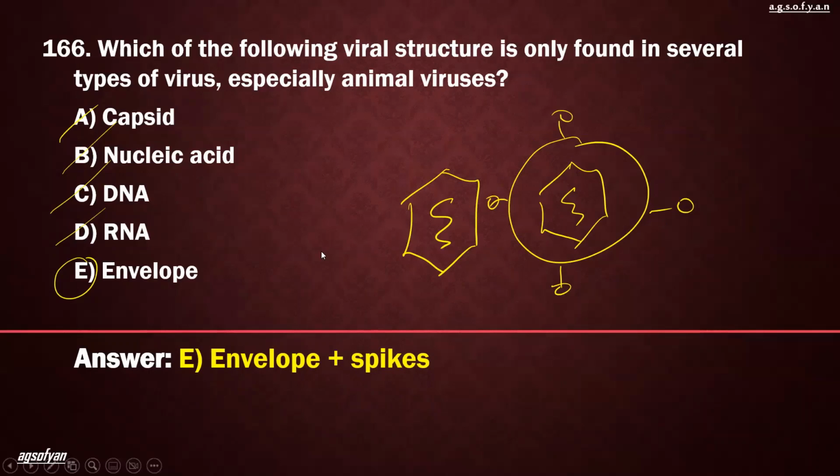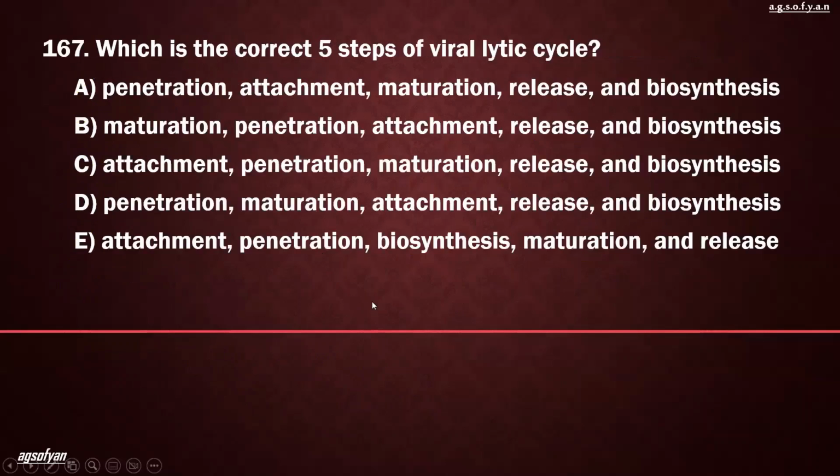Okay, next. Which is the correct 5-step of the viral lytic cycle? We had this in your quiz last time. What is the first step? That would be attachment. So you cross out this one, this one, and this one, and you have a choice between C and E. Which one comes after attachment?